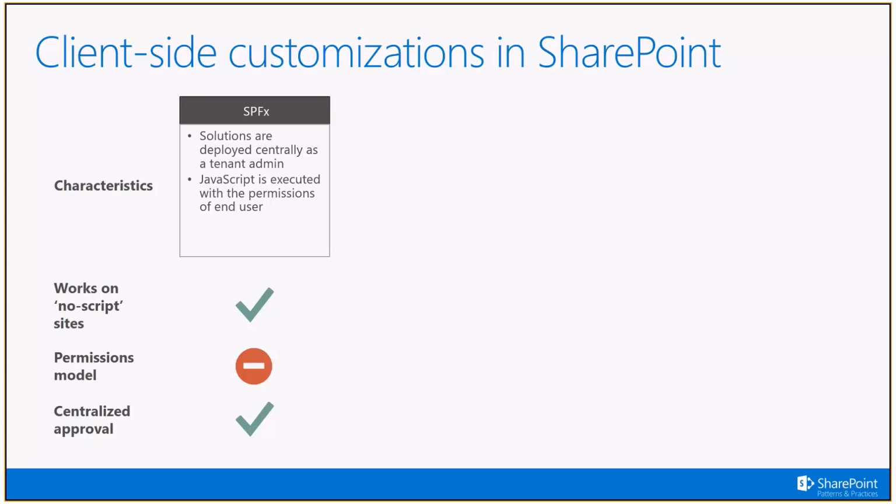The implication of doing so is that the JavaScript is then available across all of the sites within a tenant. You're making that centralized approval for that customization, which is why you should review what you are actually getting deployed.